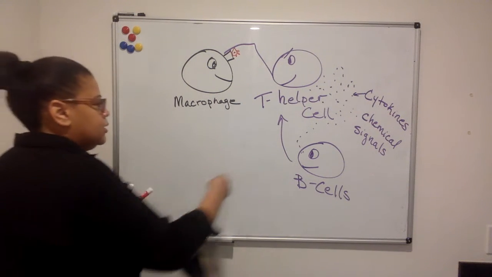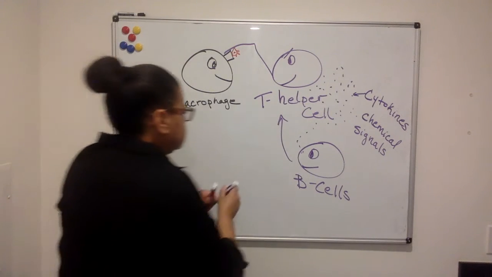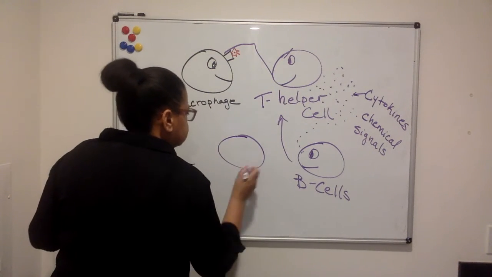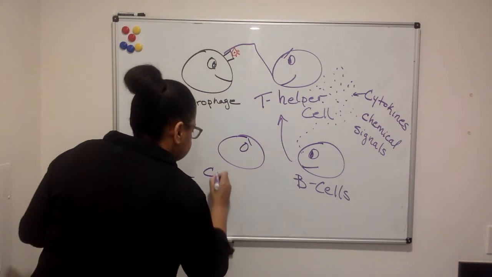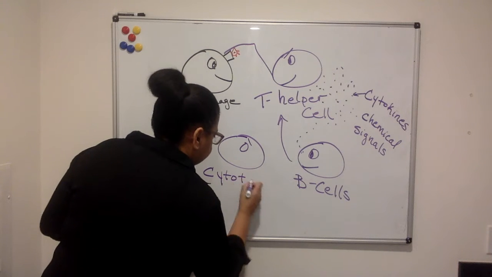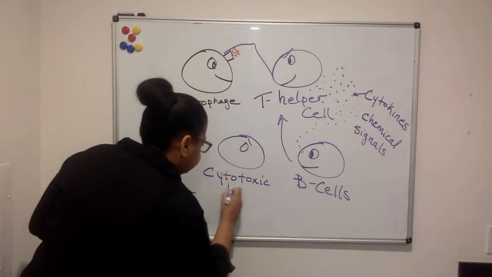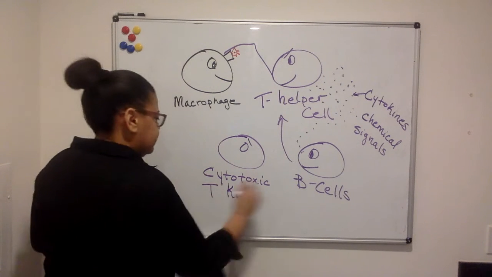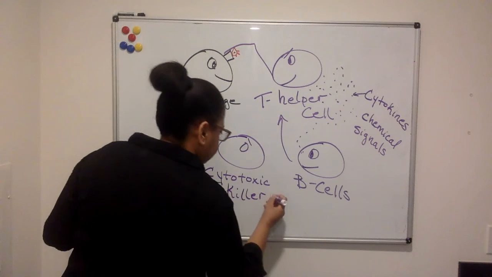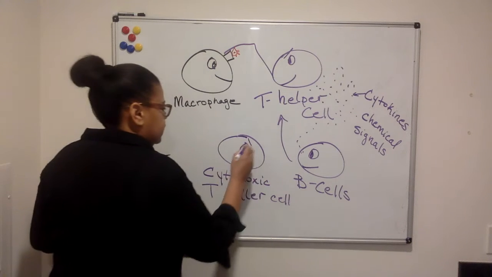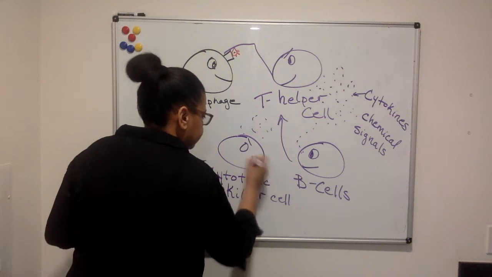Not only do B cells sense or smell those cytokines, so do many other white blood cells. I'm going to draw a cytotoxic killer cell. This is a cytotoxic T killer cell. It also can smell or sense those cytokines, and it comes.